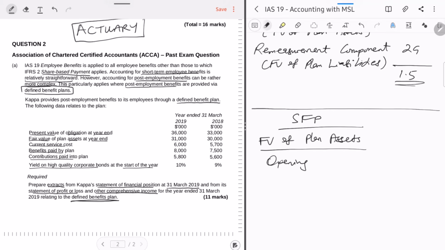Here, they give you the fair value of plan assets at year end. So even though these two columns deal with the year ended 31st March, it's for 2019 and 2018. So what this effectively means is that the 2018 year-end figure of 30,000, this one, will be the year start figure for 2019.